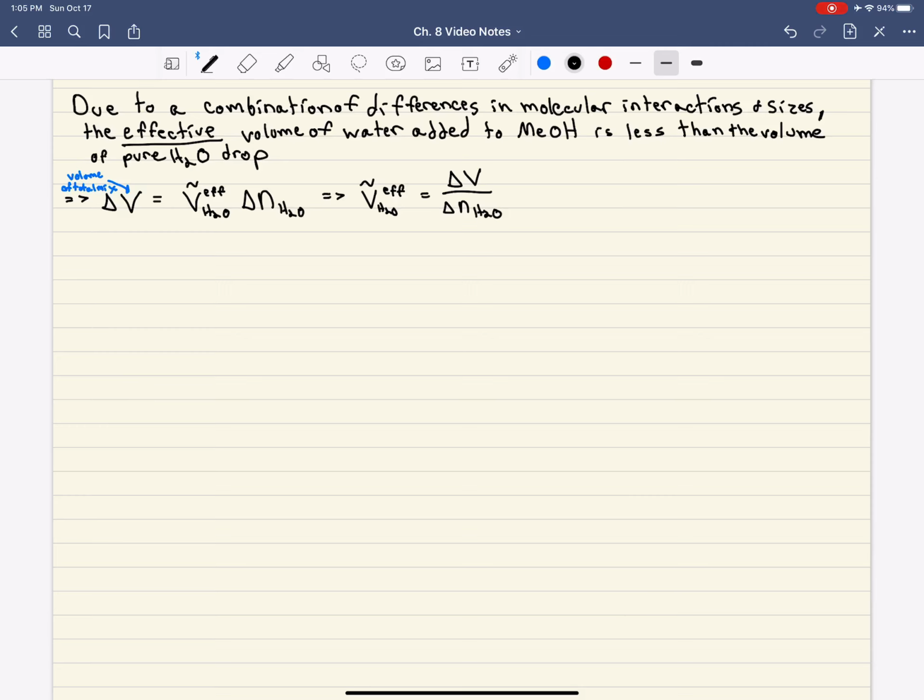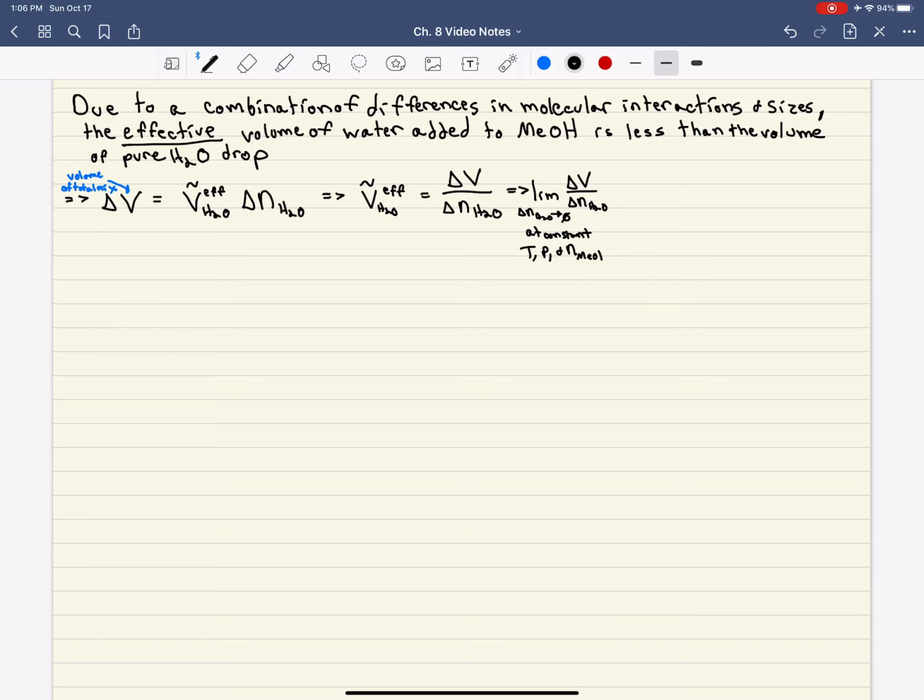But now what we could do is take the limit of that ratio. So the limit of delta V over delta n H2O, as n H2O goes to 0 at constant T, P, and also constant moles of methanol, right?